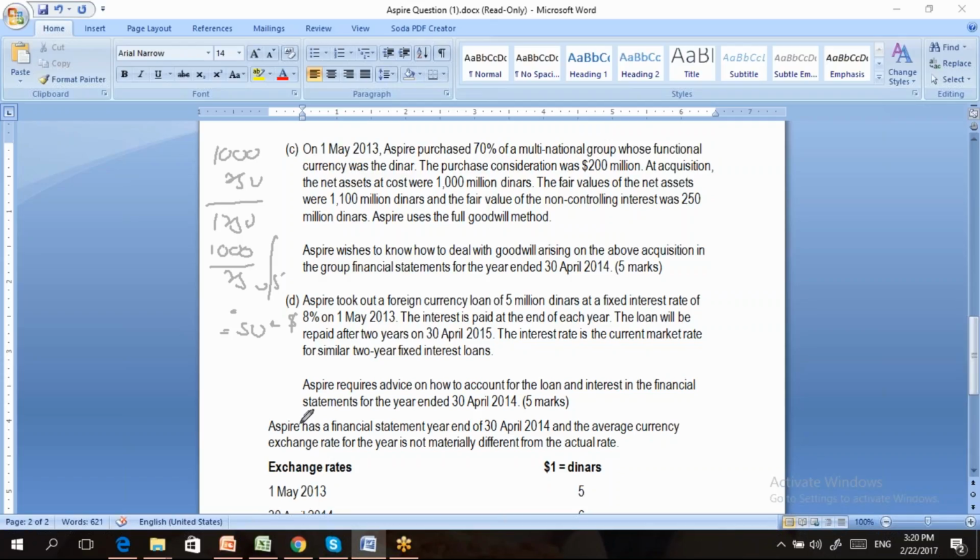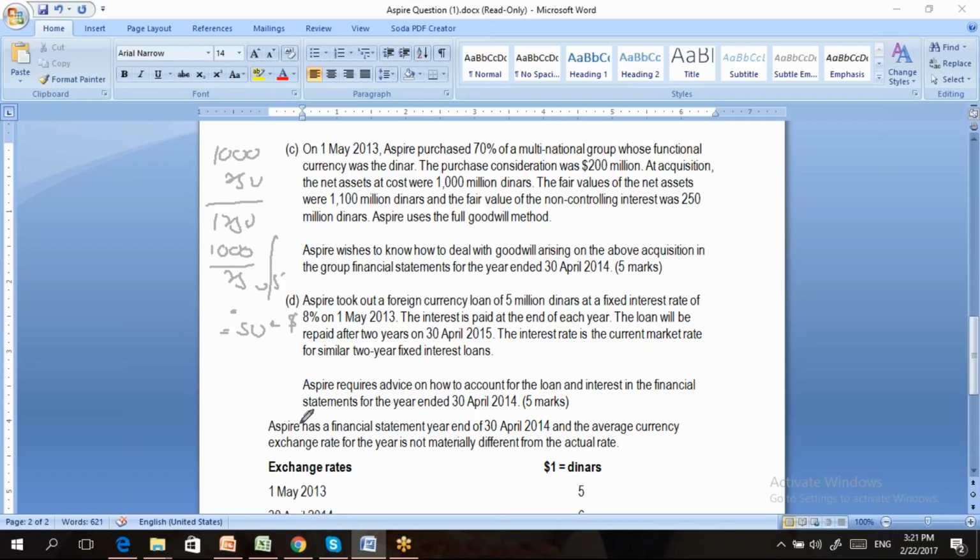It's quite confusing because some of these are in dinars and some of them are in dollars. So we must convert everything to dollars, or we must convert everything into dinars. We have to calculate everything in one currency, because the 200 million purchase consideration came up in dollars, and the other things were in the other currency.